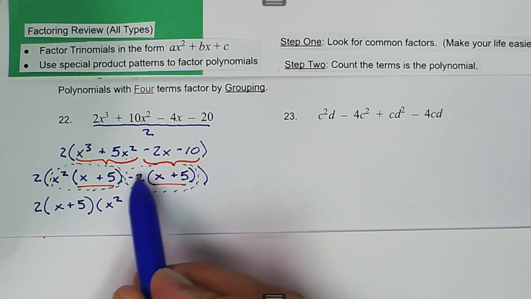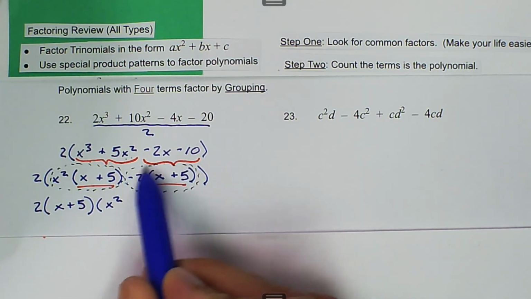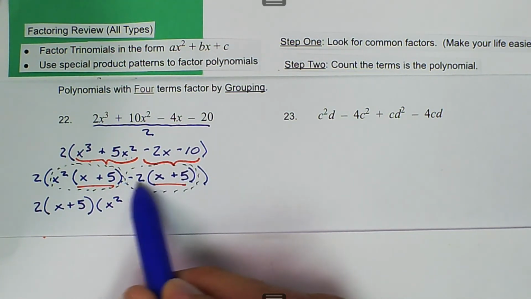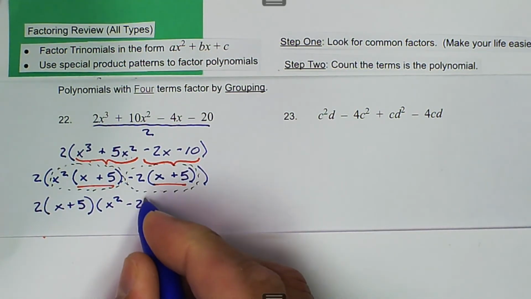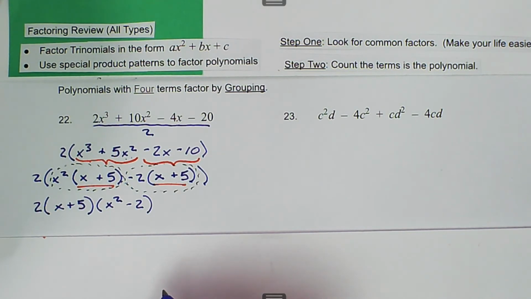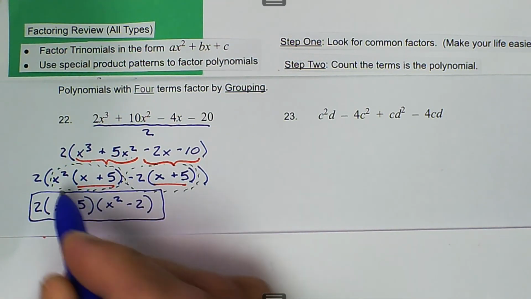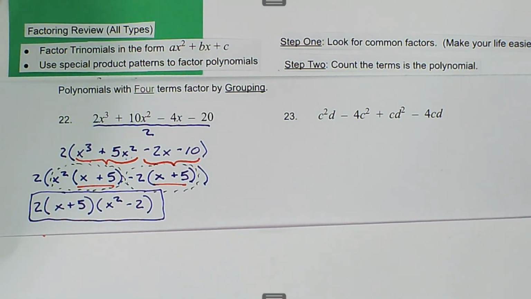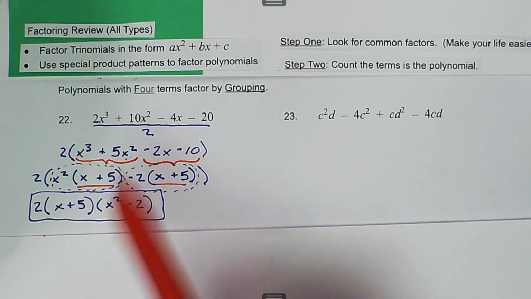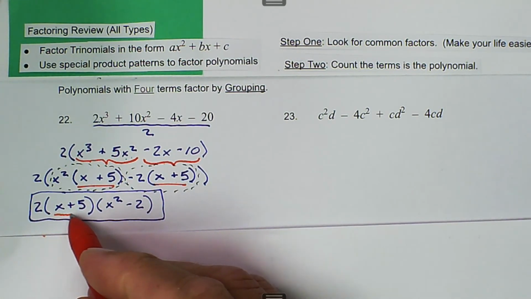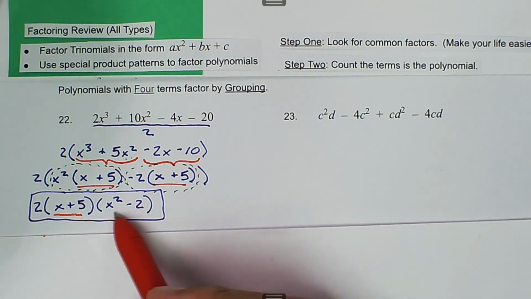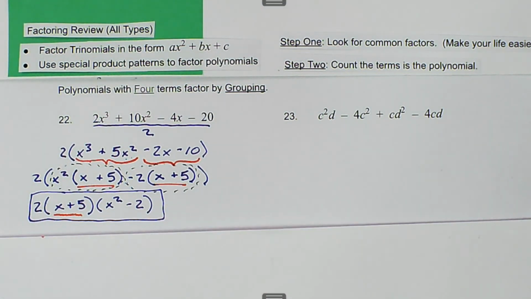And if we take an x plus 5 out of the second term, what's left is just the minus 2. And so that is the factored form by factoring by grouping. And if we can see, we have our x plus 5 and our x plus 5. That just got factored out front, and then we're just left with what we had left in that group.